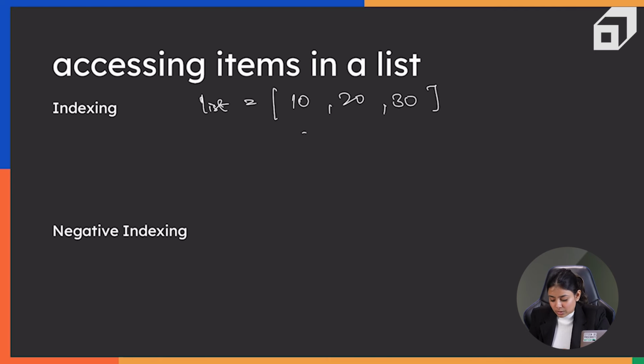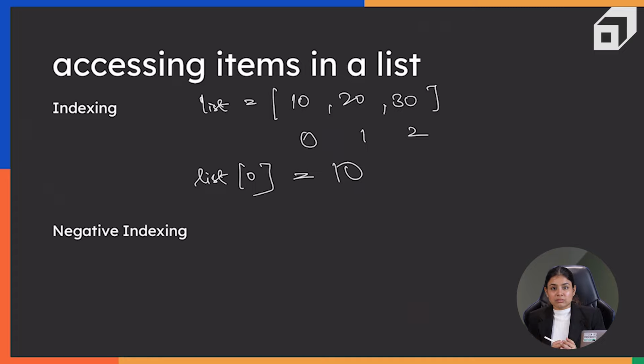The first element will always be at index 0, the second at 1, the third at 2, and so on. So these are 0-indexed. That means the first element is always at index 0. If I want to access the first element of my list, I'll say list[0], and this will give me 10, the first element of my list.